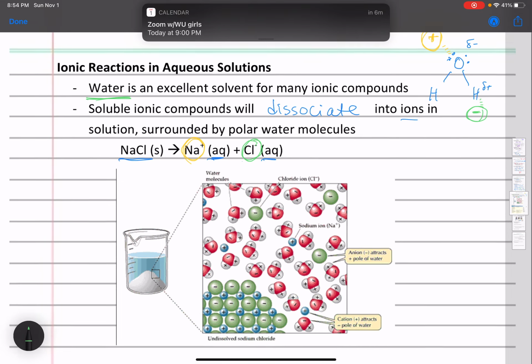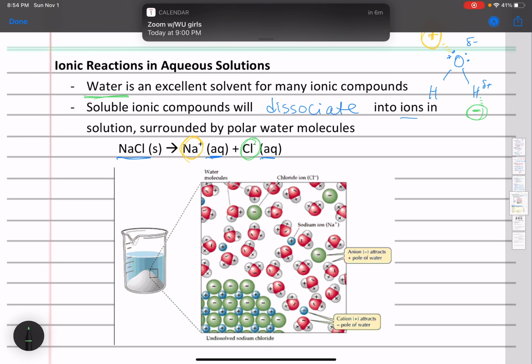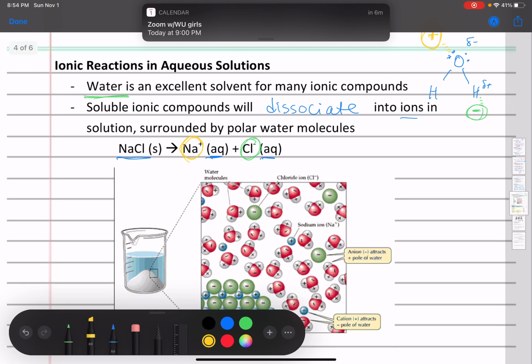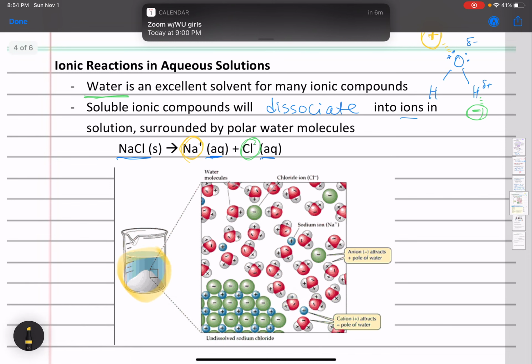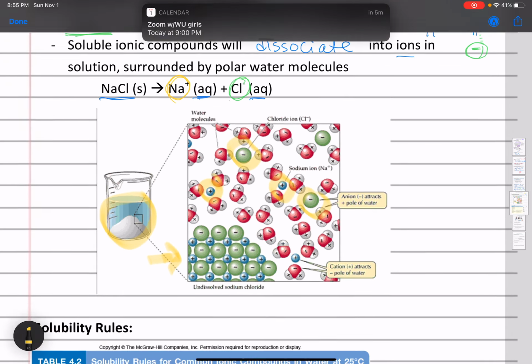So this diagram is showing you that if you have a soluble salt in water, the ionic compound is made up of positive and negative ions, and they will dissociate and spread apart in the water, and the water molecules will assemble themselves around those ions and evenly distribute them.